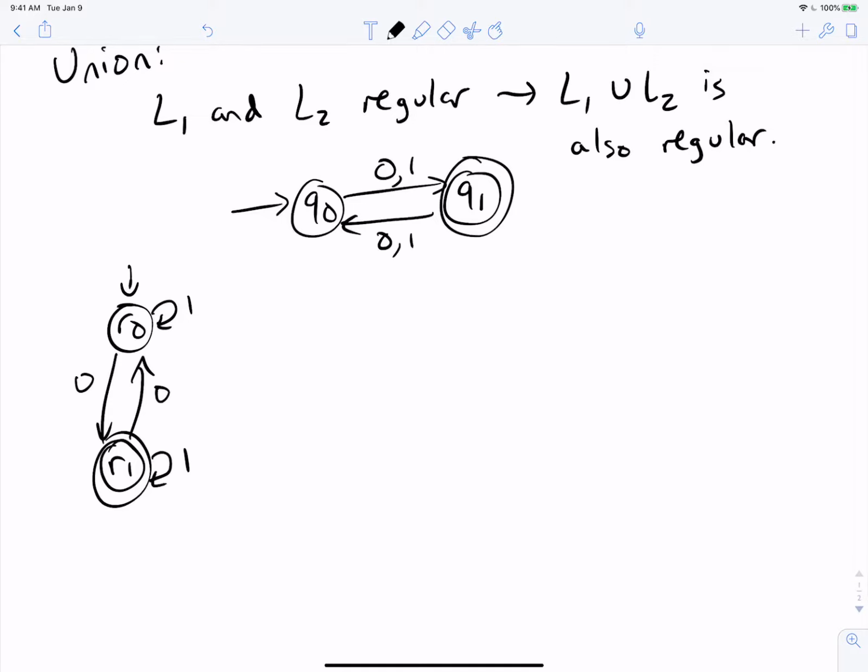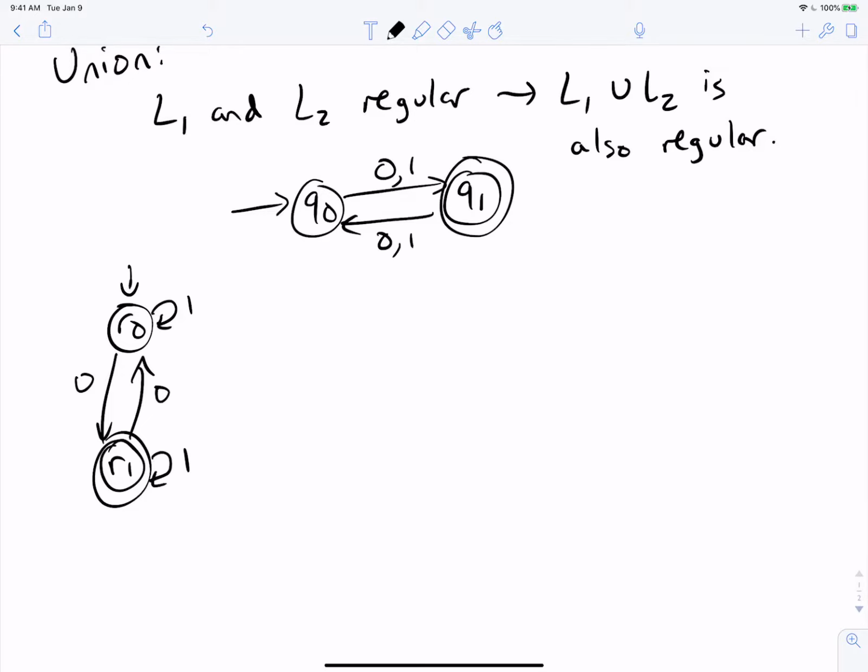So let's think about this though. Could we conceivably be in R0 and Q1 at the same time? I'm just saying, is it conceivable? Yeah, it's conceivable. Could it be R1 and Q0, also?